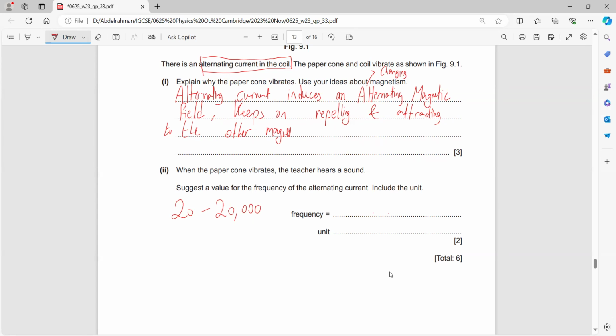Just don't write 20,000. Please don't write 20,000. Write any number less than 20,000 and above 20 hertz. The unit would be hertz, for example, I want to write down 10,000 hertz. Okay, that's okay. Easy question.